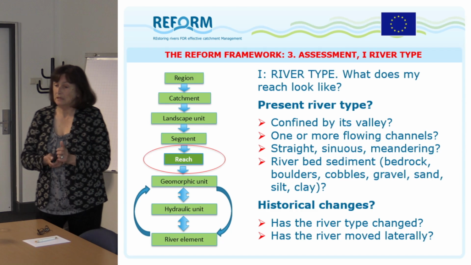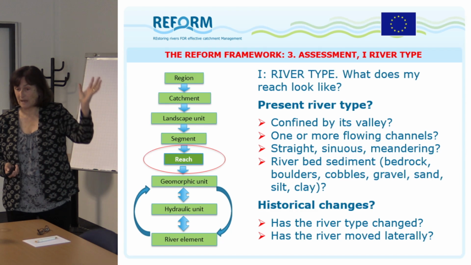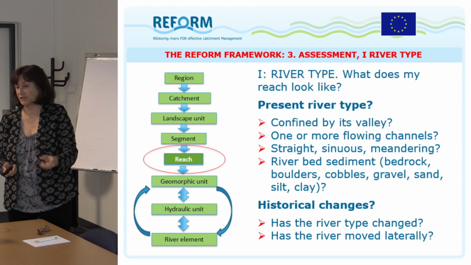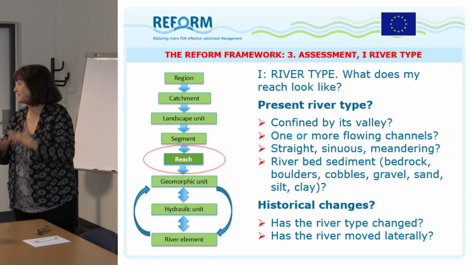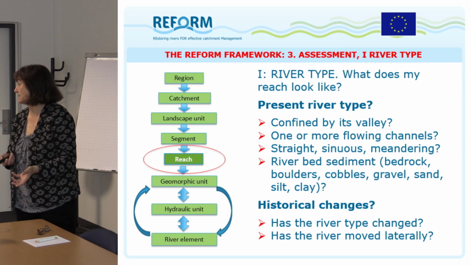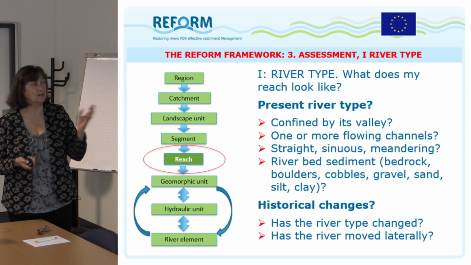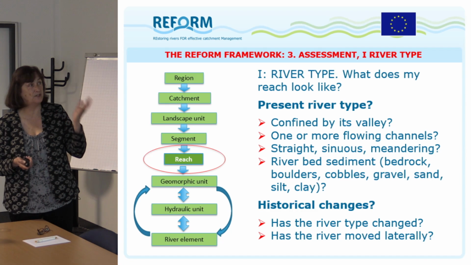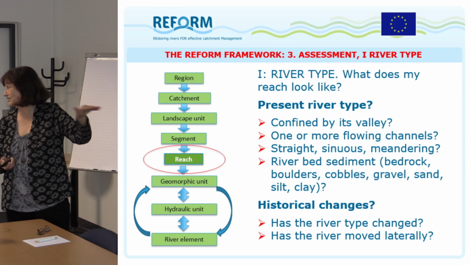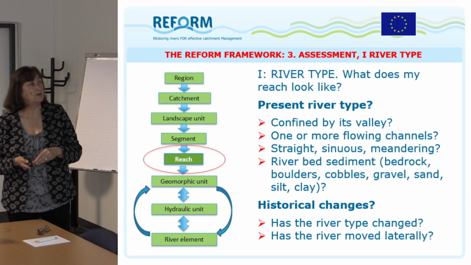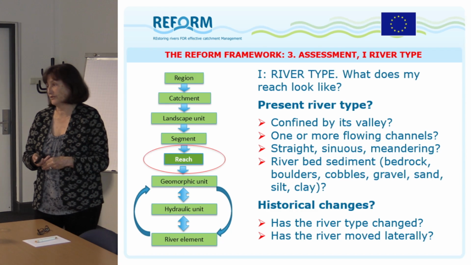Okay, so having assembled this information and extracted indicators, we can then move on to group those indicators together to make some assessments. So starting at the reach scale, the first thing we do is look at our river type, and I'll spend a little time on this because it's quite important. We want to know what type we've got.